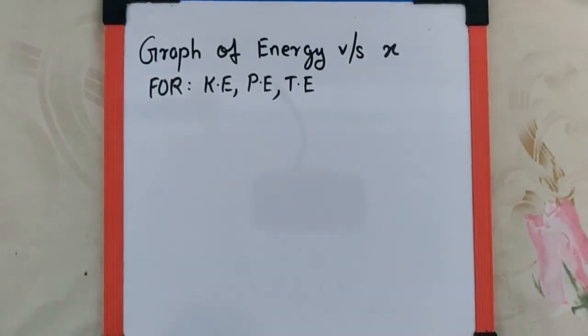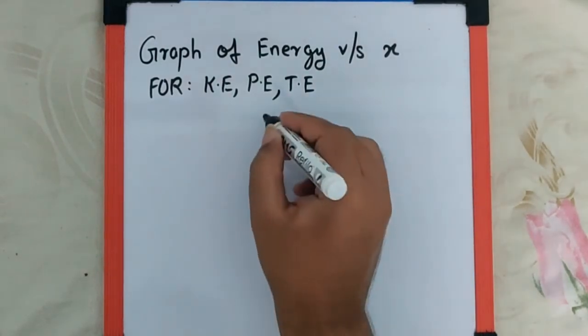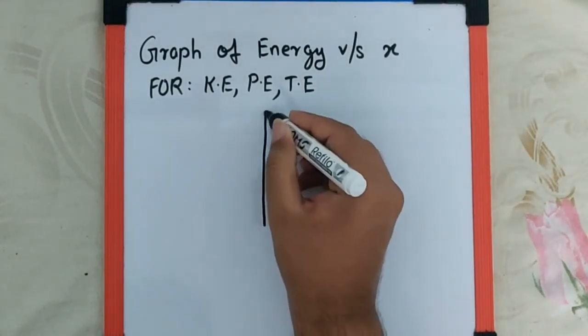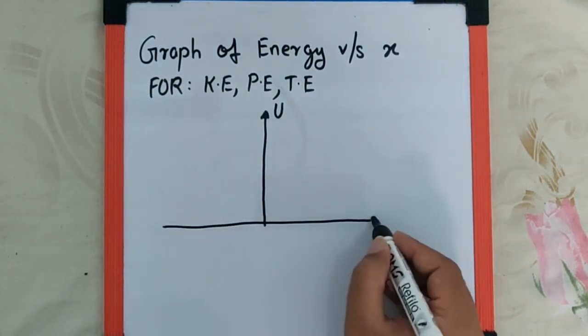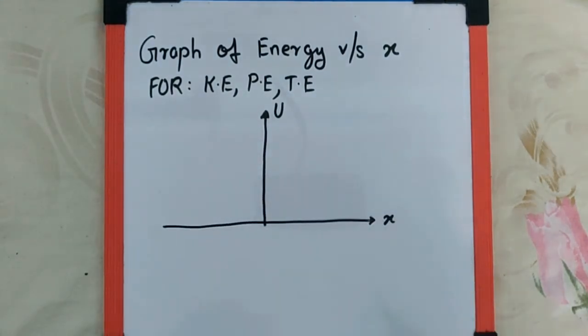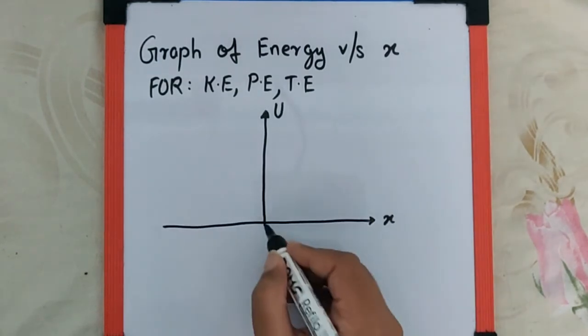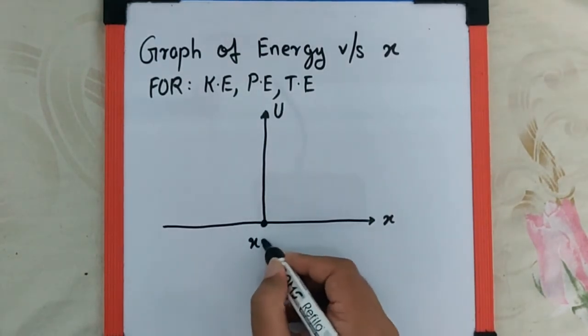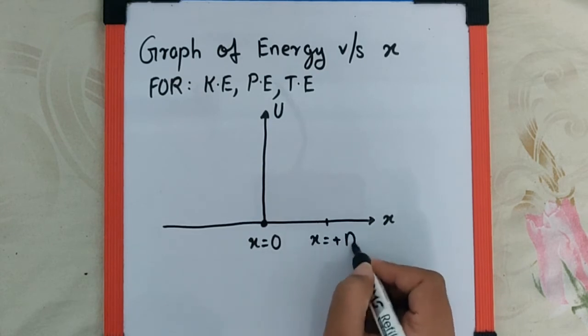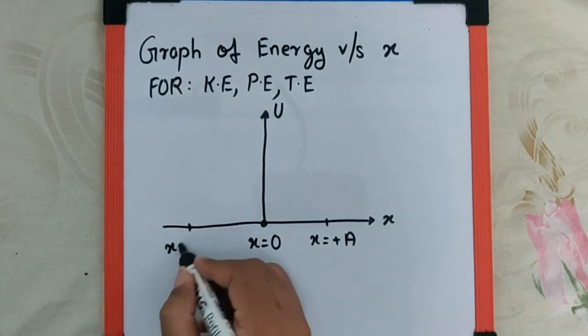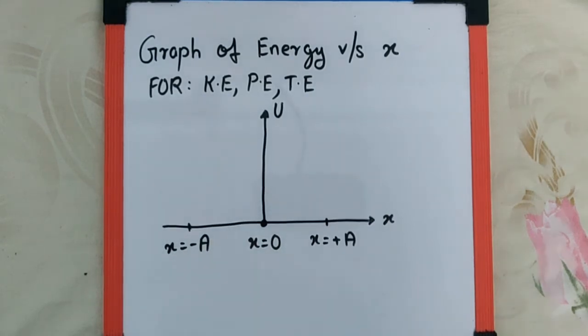The last thing we are going to do in this video is the graph of energy versus position for kinetic energy, potential energy and total energy. So on the y-axis we have the energy, and on the x-axis we have the position. Now we know for oscillation x equal to 0 is the origin, x equal to plus a is the positive extreme, and minus a is the negative extreme.